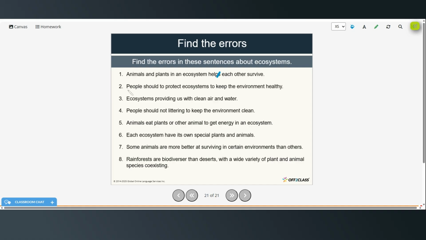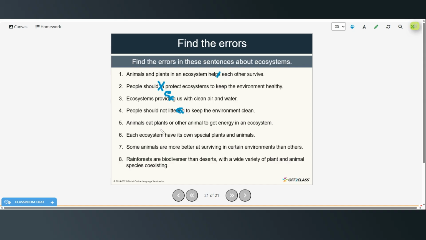People should to protect ecosystems to keep the environment healthy. We don't need to here, it's just should protect. Ecosystems providing us with clean air and water. So here we just need the regular form of provide. People should not littering to keep the environment clean. So again, we don't need the ing, just people should not litter.